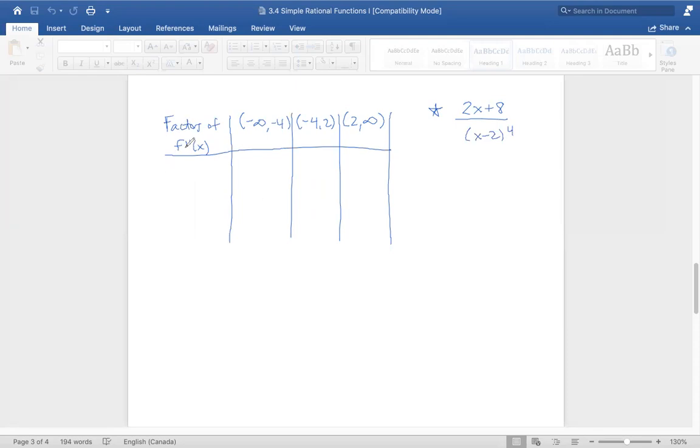So then my factors of the second derivative would be the numerator, 2x plus 8 would be 1, and then the denominator would be another, right? x minus 2 to an even degree exponent. And then I have my overall sign of the second derivative.